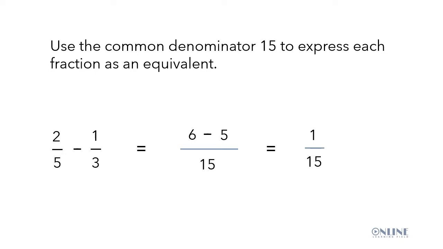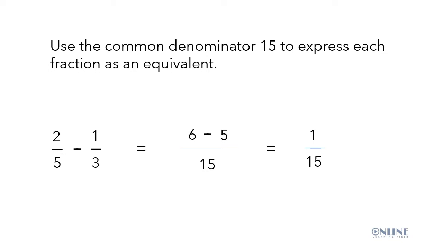Multiply this 3 by 2, which is the numerator of 2/5. Write 6 above the division line and add the subtraction sign. When we multiply 3 by 2, the answer is 6.